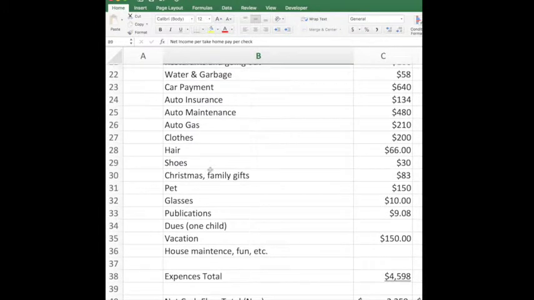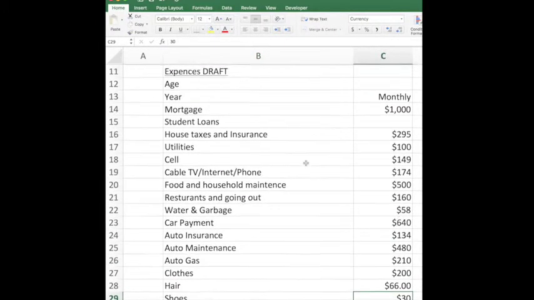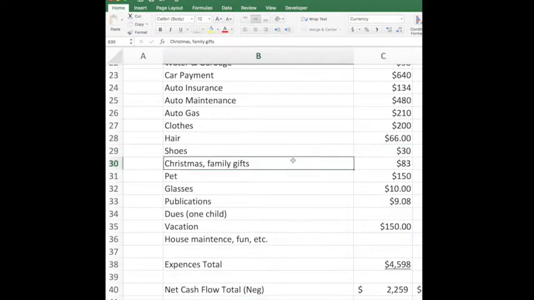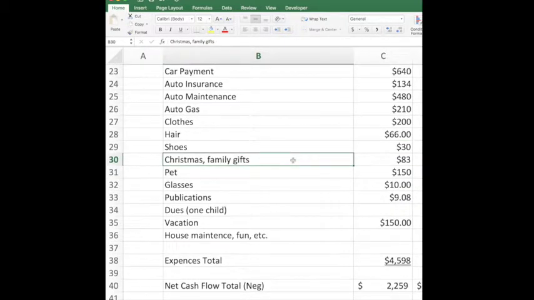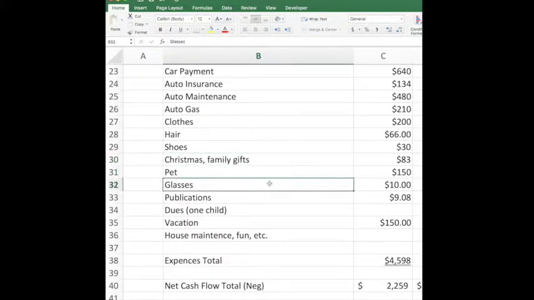Don't forget things that are important in here that you might not do on a regular basis. I don't know how often you buy a pair of shoes, but they're not free. This person has $30 a month in their shoe budget. Christmas family gifts, things like that. Weddings, possibly, or if you're young, you're going to have a wedding, you're going to have a honeymoon, etc., engagement ring, all that kind of stuff. Pets cost money. Don't ignore that. Glasses, a couple pair of glasses a year, at least one pair is expensive.